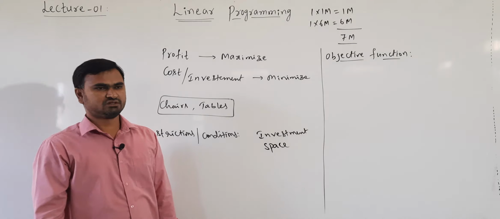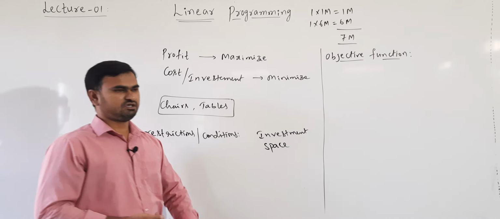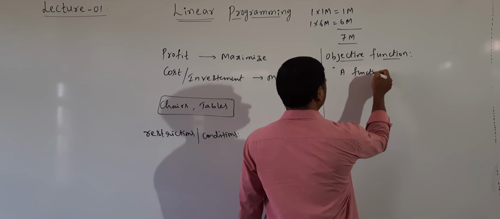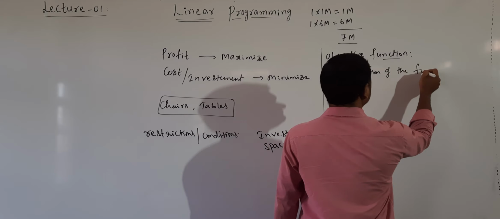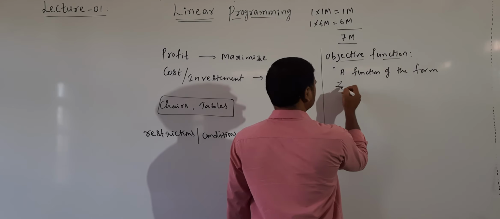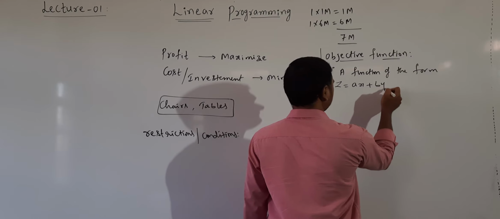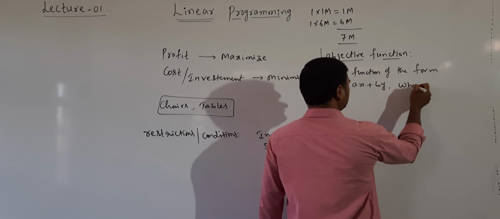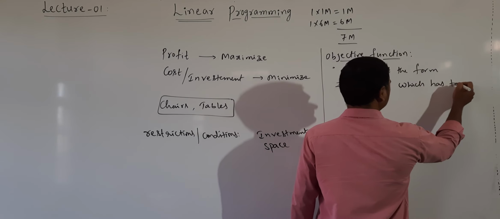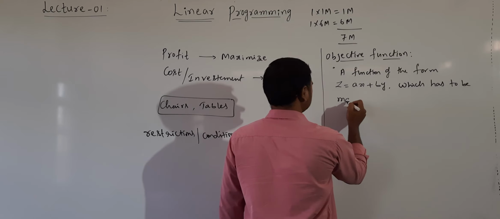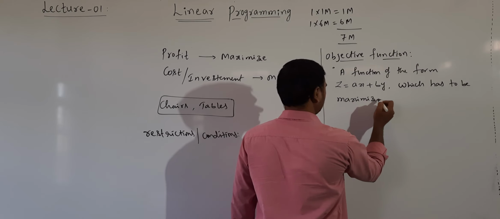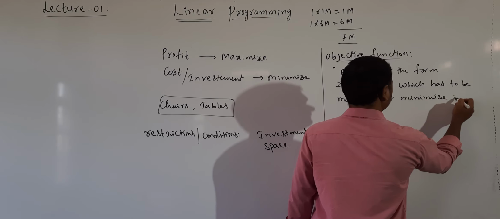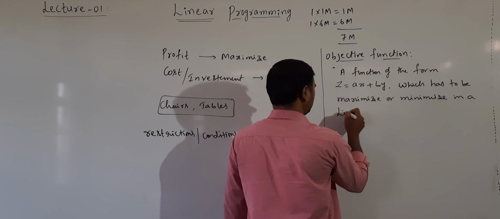Definition of objective function: a function of the form z = ax + by, which has to be maximized or minimized in a linear programming problem.